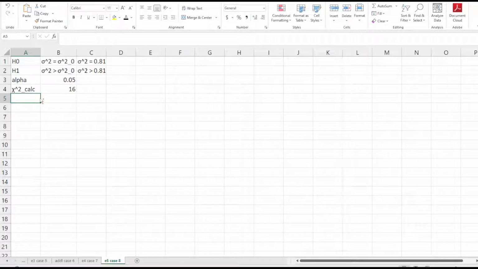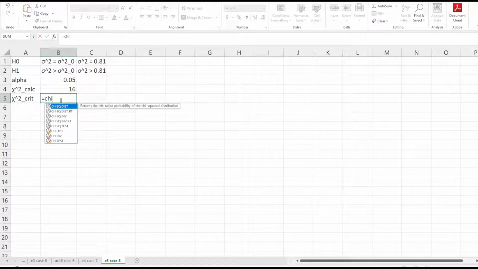Now let's get our chi-square crit. We do chi-square, and since ang hinahanap natin is yung mismong chi-square niya along the x-axis, we do inv. Chi-square inv. Tapos yung probability natin is 0.05, tama?